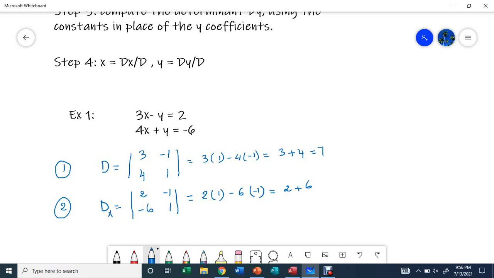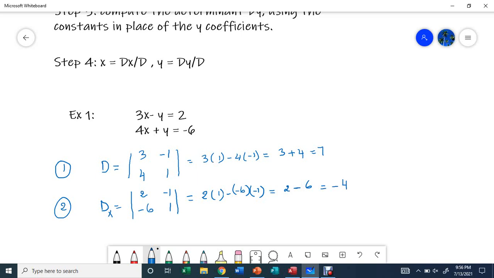Okay, I missed a negative here. So that should be minus 6 times negative 1. So that gives me 2 minus 6 here instead of 2 plus 6. So 2 minus 6 gives me negative 4.